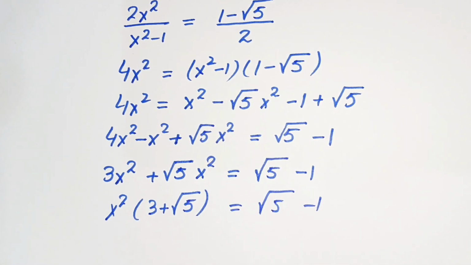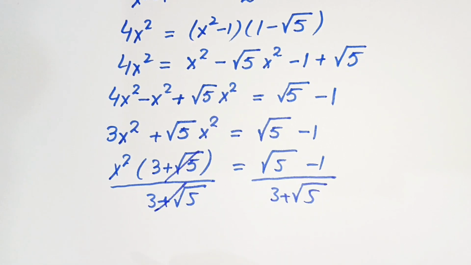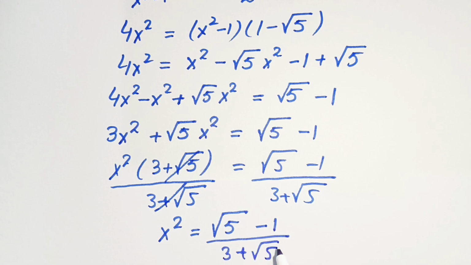So now if we divide both sides by 3 plus square root of 5, then cancelling this one, we have x squared is equal to square root of 5 minus 1 over 3 plus square root of 5.